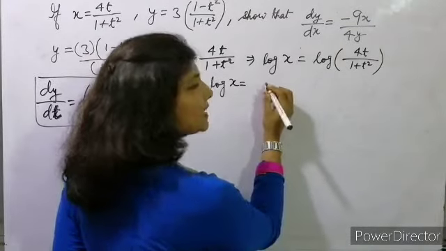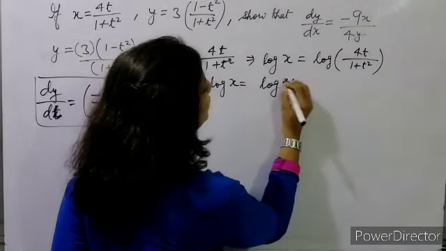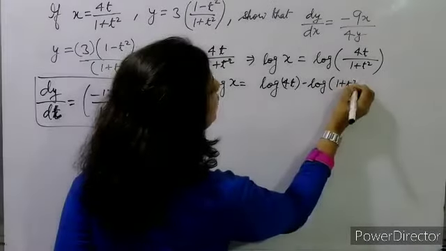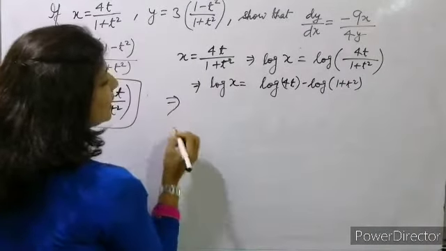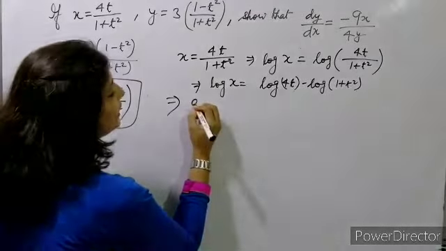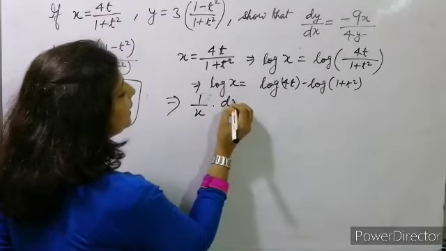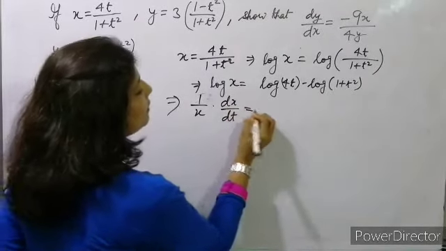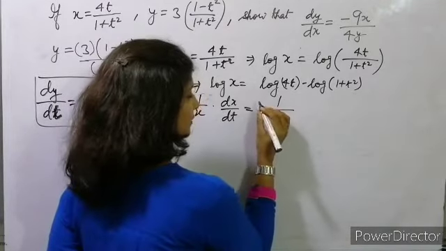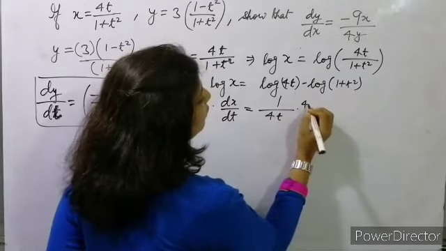By using the basic law of logarithm, it will be log of 4t minus log of 1 plus t square. Now differentiating both sides with respect to t, we get 1 upon x multiplied by dx upon dt will be equal to, differentiating the log of 4t, 1 upon 4t multiplied by 4.